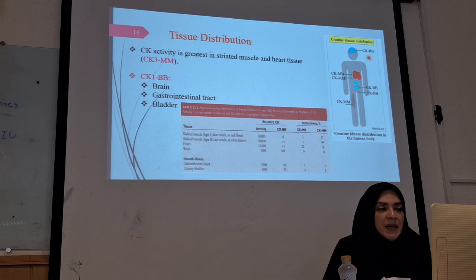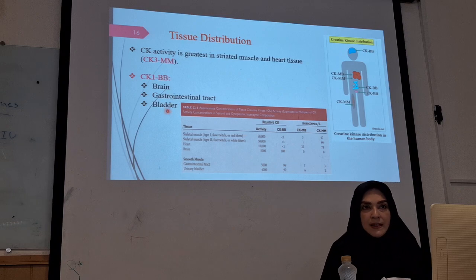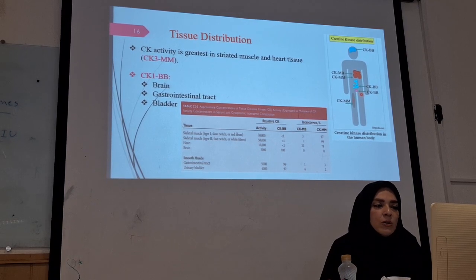And BB is specific to the brain, but it can be found in some gastrointestinal tract and also bladder, but in a very, very low concentration.